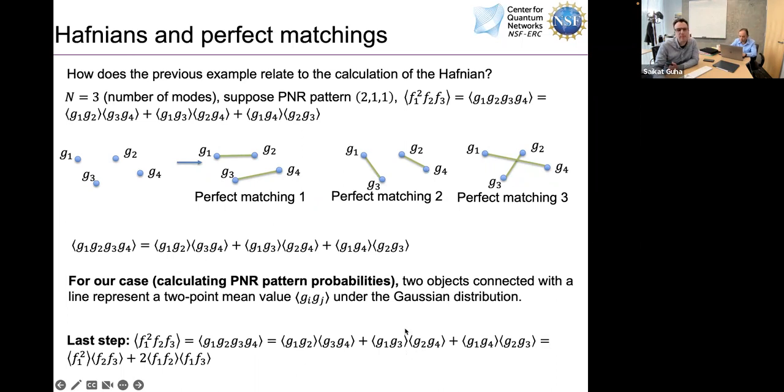So you just label back and you get that your initial Hafnian can be broken down into a product of 2-point mean values exactly like this. Okay.